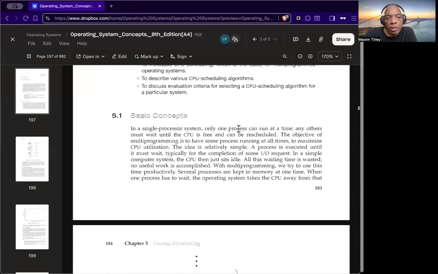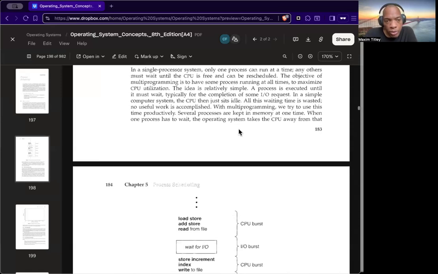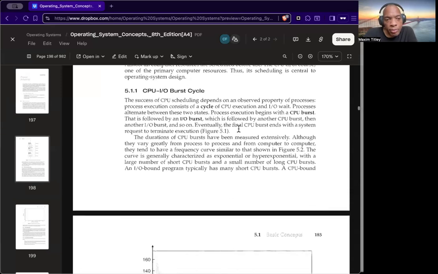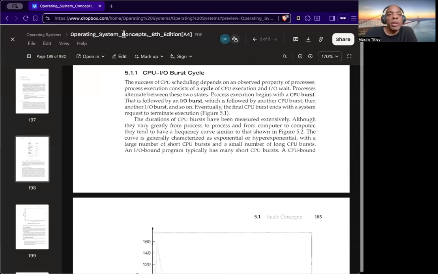Okay, so now moving further down, here we are. I have spoken of this before, but now we're finally speaking of it formally. Here we have CPU I/O burst cycles.